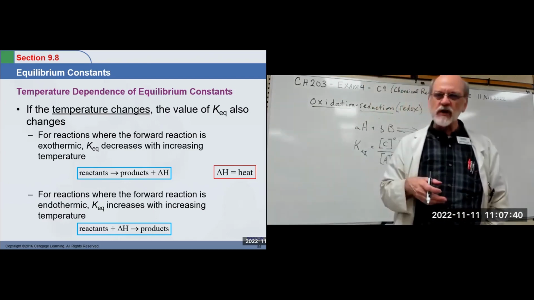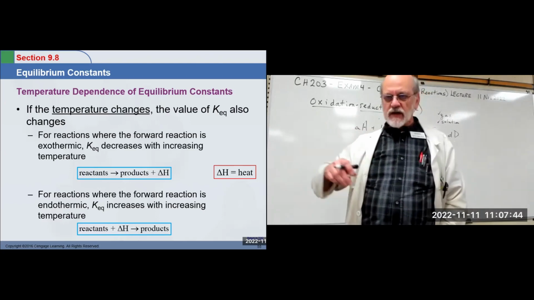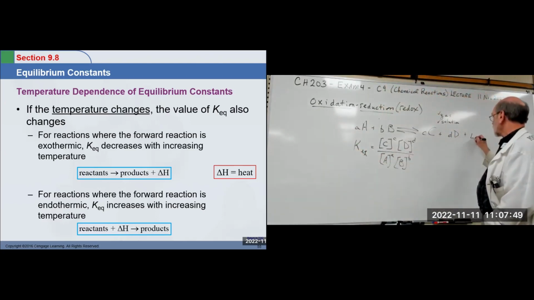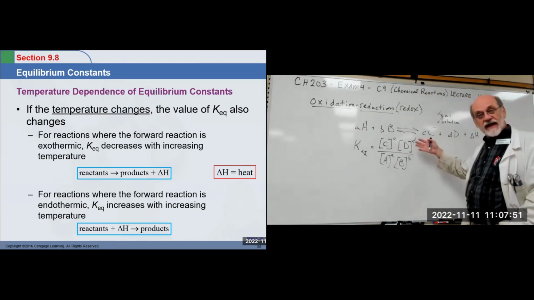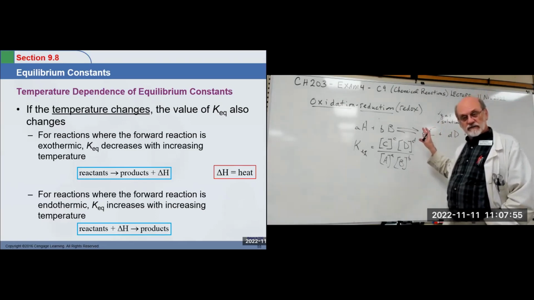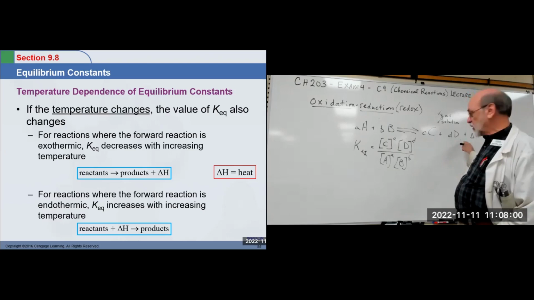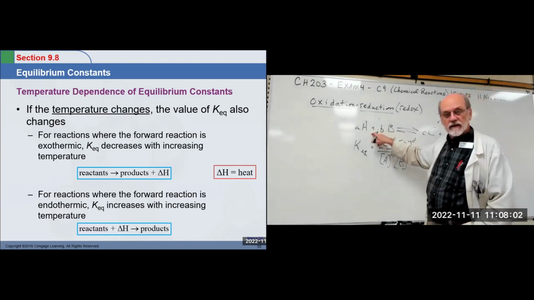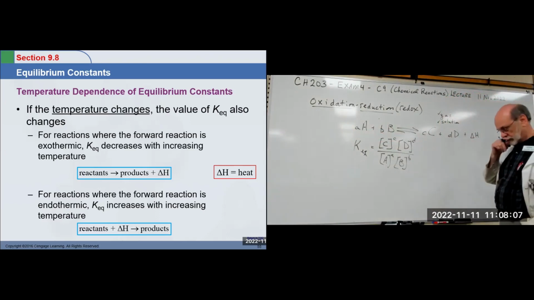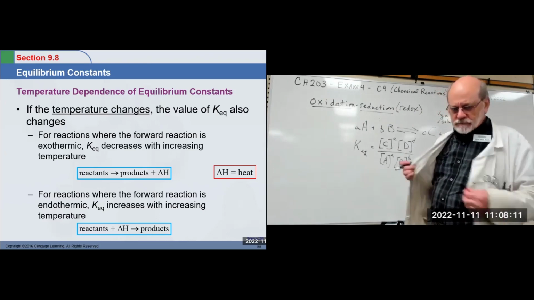It's a special term called enthalpy, but for our purposes, just think of it as heat. If it's an exothermic reaction, then we're going to have heat as a product. In other words, it's going to get warmer. You're going to feel that heat coming out of the reaction. Where was that heat before? Well, that energy was over here in the reactants. Now it's separate. That's an exothermic reaction.